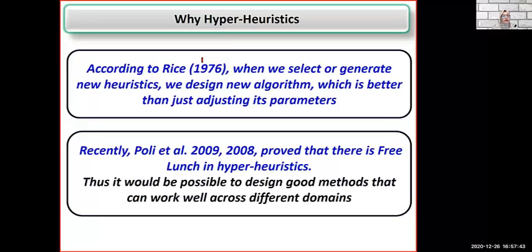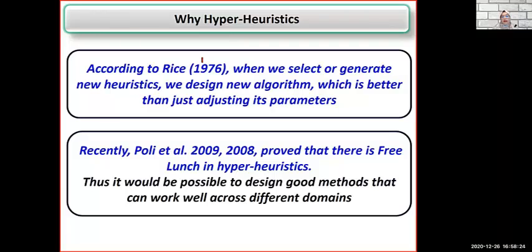According to Rice, 1976, when we select or generate a new heuristic, we design a new algorithm which is better than just adjusting its parameters. In 2008, it was proved that there is a free lunch in hyper-heuristic. Thus, it would be possible to design a good method that can work well across different domains.